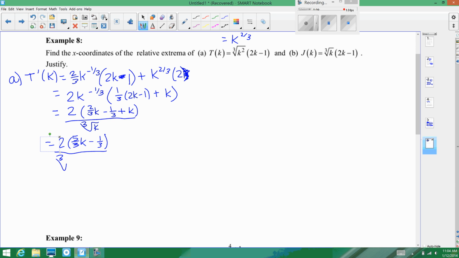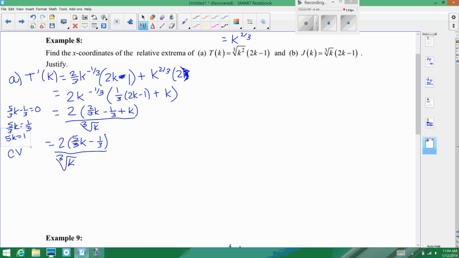All right, let's take a look at our critical values now. So critical values are going to occur when this is 0. If I just do this on the side, where is 5/3 k equal to 1/3? Multiply both sides by 3 if you want. So we get 5k equals 1.